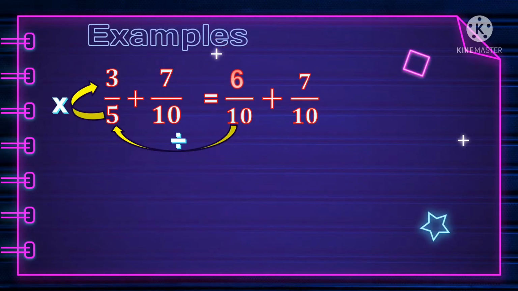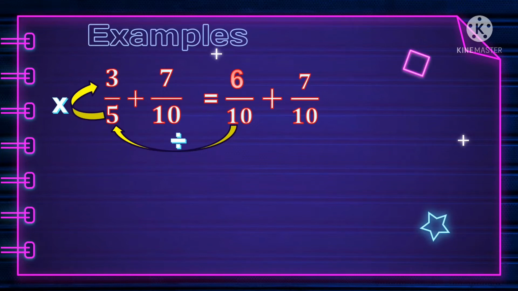So, 6/10 na ang equivalent fraction ng 3/5. At itong 7/10, hindi na natin kailangang kunin yung kanyang bagong numerator kasi nga ang kanyang denominator na is 10. Then, napapansin nyo, similar fraction na sila, pwede na nating i-apply yung rule natin sa pag-add ng similar fractions.